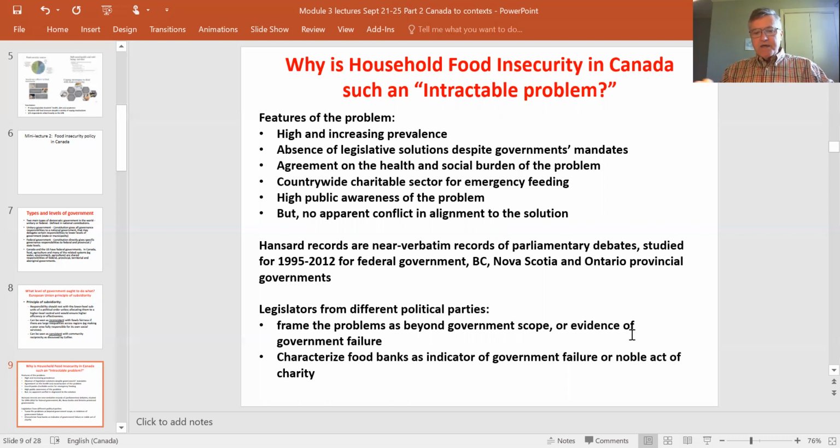That's a first cleavage in this debate, making it more intractable. The same arguments apply to food banks: they are seen as an indicator of government failure, or, on the more conservative end, as a noble act of charity.